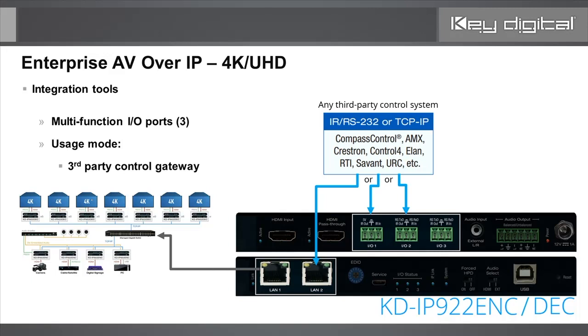It'd just be a single control feed in from your control system, and the KD IP922 knows about the entire system, because we will build a virtual matrix file, as we'll show you in a moment. So the IP922 takes a single command and will forward it throughout the entire system, and the appropriate devices will react to those commands, making it very, very efficient.